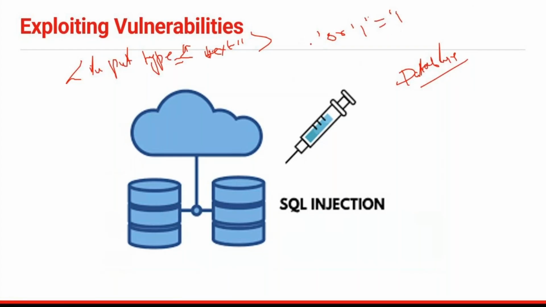right? Now this is a universally true condition, 1 or 1 equals to 1. So out of both of these conditions, one of the conditions should be true, and 1 equals to 1, one condition is true, right? So that's why it is a universally true condition, and this is called a query string. Now, the query string is used to test for the SQL injection vulnerability.